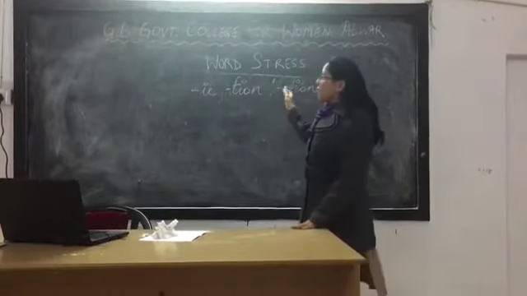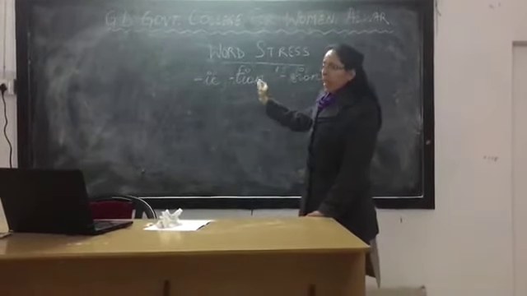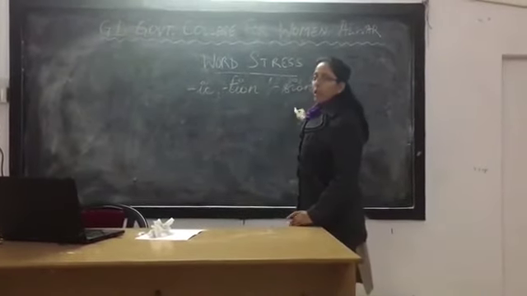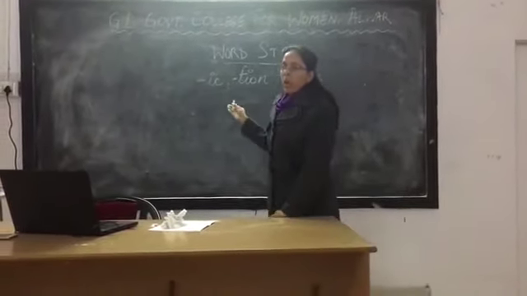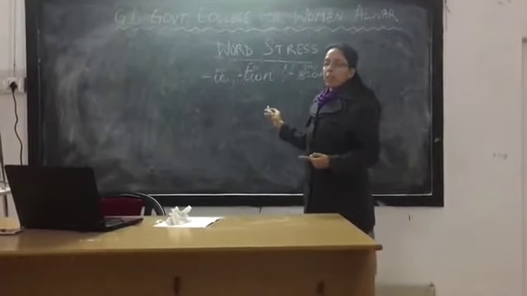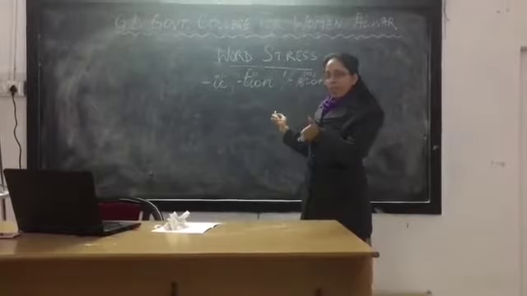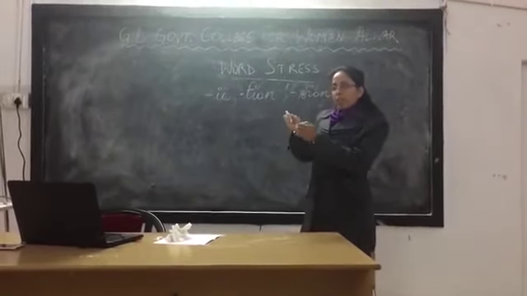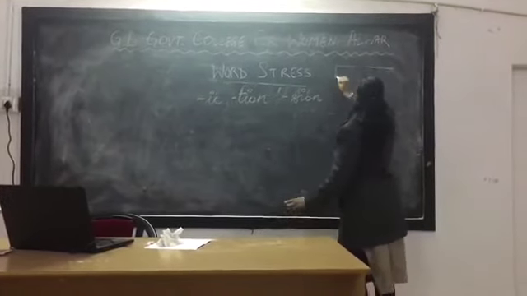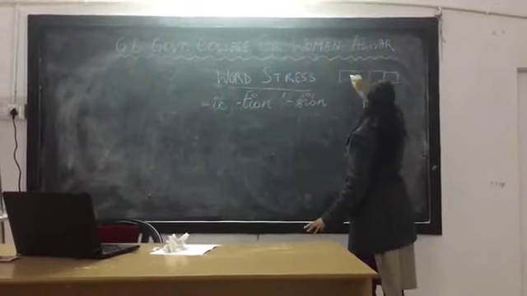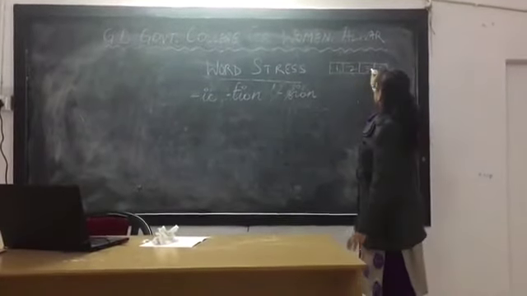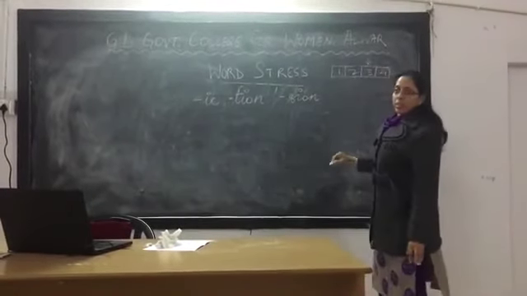So, if we have words ending with IC or TION or SION, then the stress would be on the, we call it penultimate syllable. Penultimate is last but one, not the last syllable, which is exactly before the last syllable. So, if we have four syllables in a word, the penultimate syllable would be third.